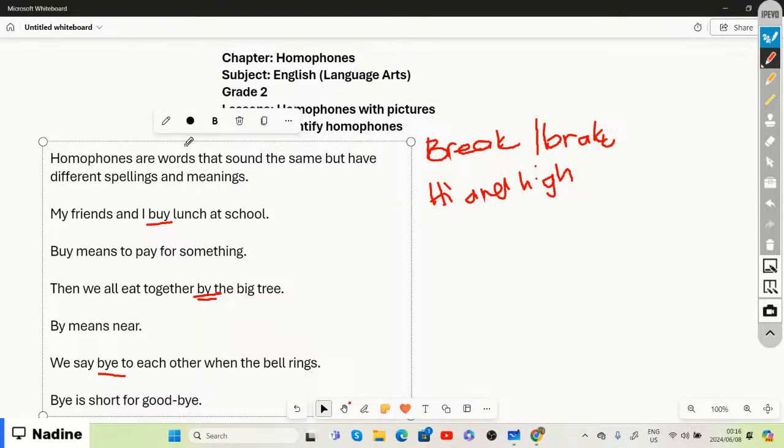All right, so if we look at these two words in front of us, we have break and high. So we have break and high.